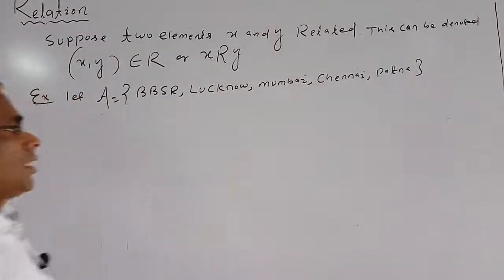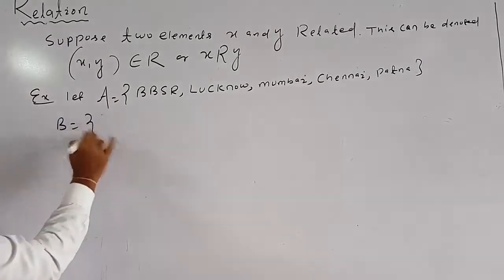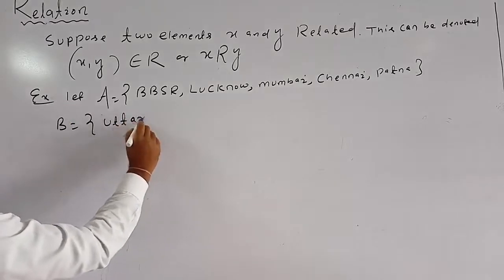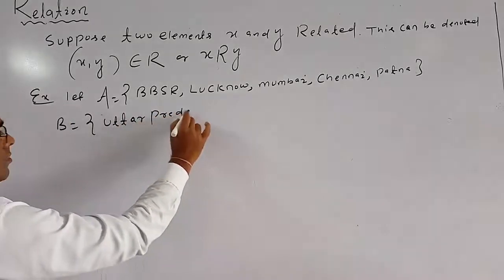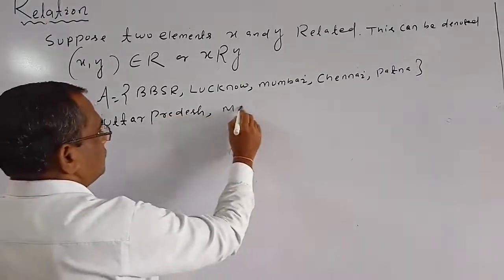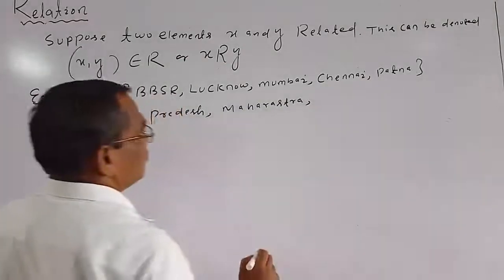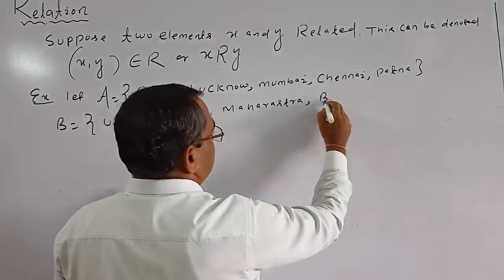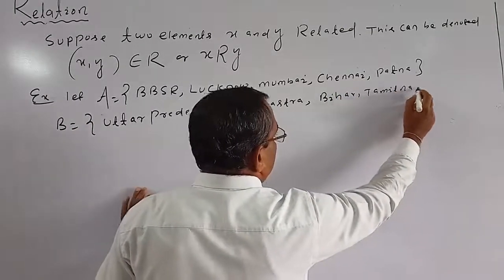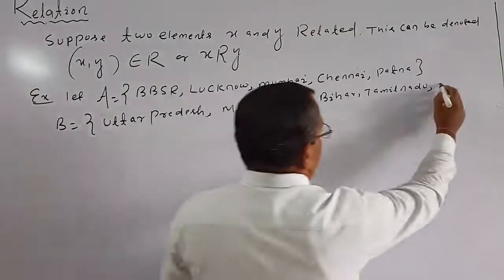We take these 5 elements for set A, and set B equal to Uttar Pradesh, Maharashtra, Bihar, Tamil Nadu, Odisha.